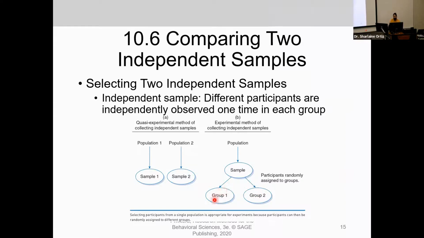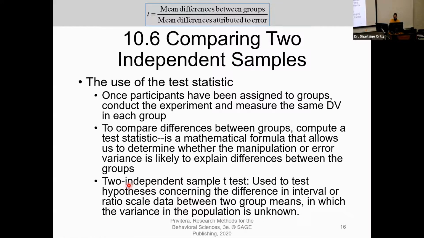So notice group 1 is not present in group 2, and group 2 is not present in group 1. That's what we are referring to as independent. It's also telling me the amount of groups that I am engaging in. So in this case, we have 2 groups. And this is the test that we are going to refer to as the t-test.